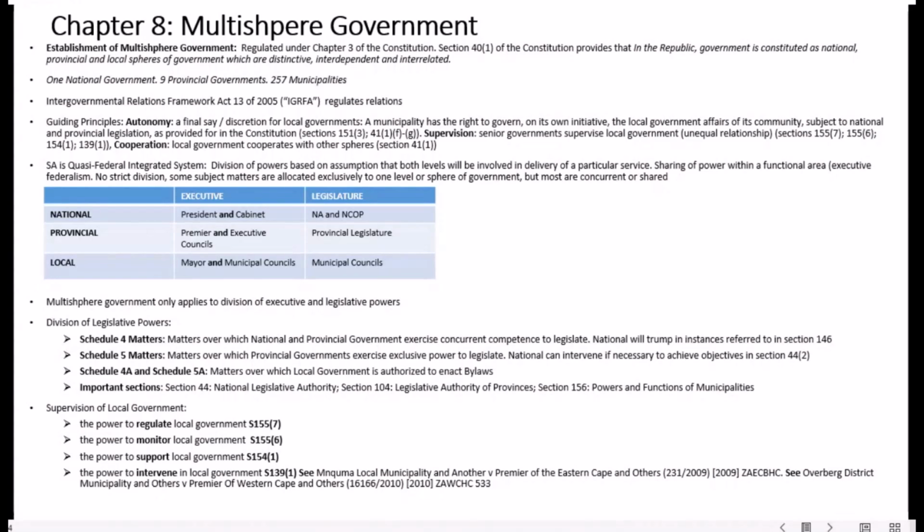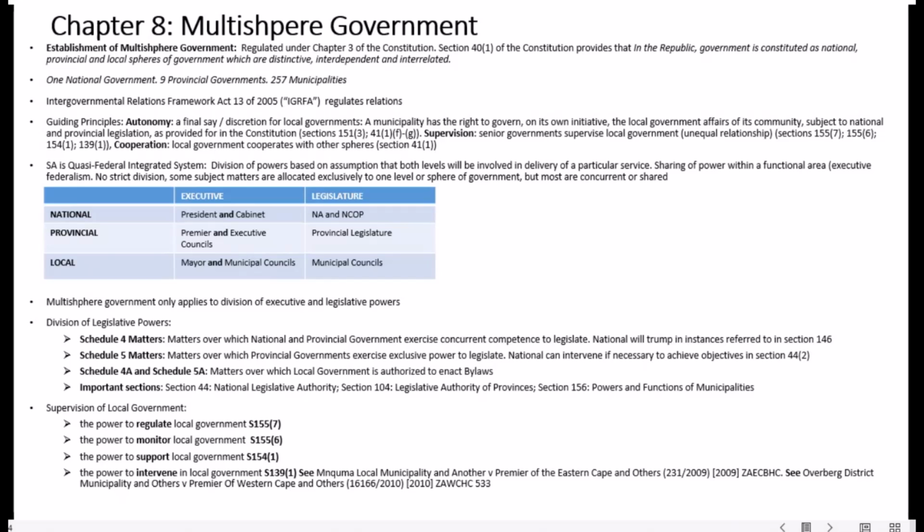And what this means is that it's not a strict federal system where, for example, in the United States of America, each state can basically just make full laws on how it regulates its state, and there's no concurrency or anything like that. Here it's a bit more flexible. There's still that deferral to national government. So the division of powers is based on the assumption that both levels will be involved in delivery of a particular service.